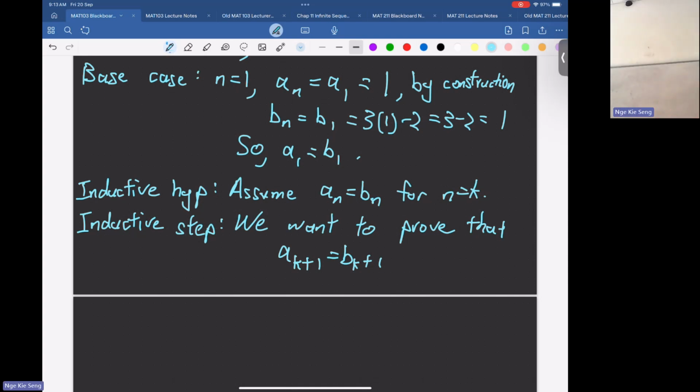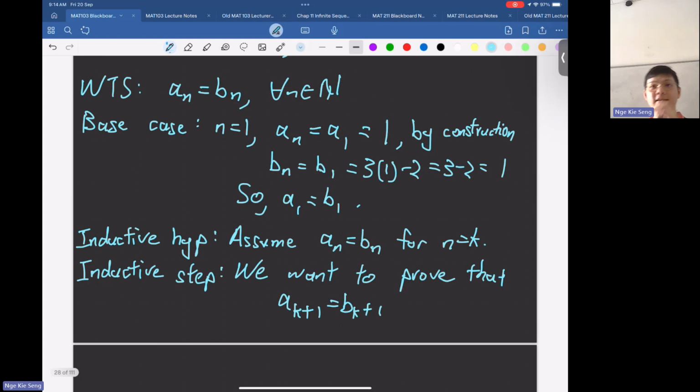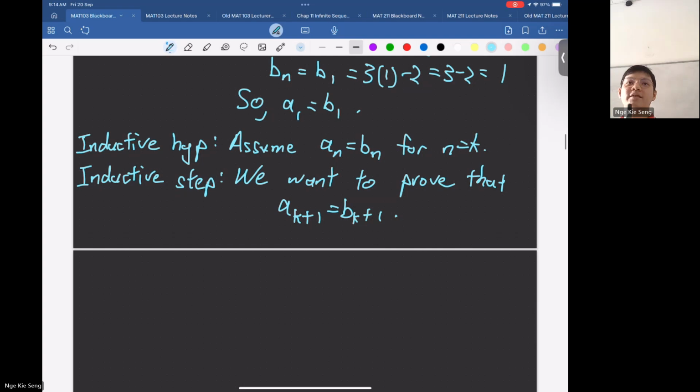Assuming it's true for some number, I want to show that it is true for the next number. So should we start with B_(k+1) or A_(k+1) first? Let you pick. B_(k+1), okay. You can start with A_(k+1) as well, but let's start with B_(k+1) first.